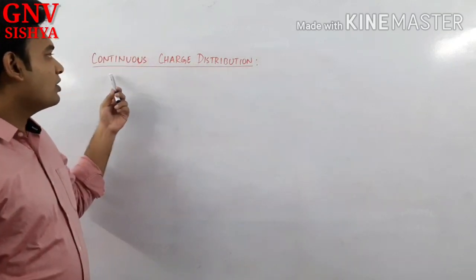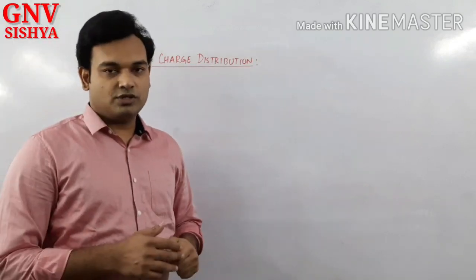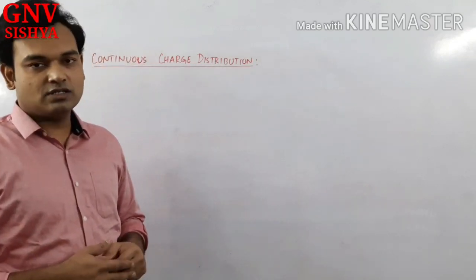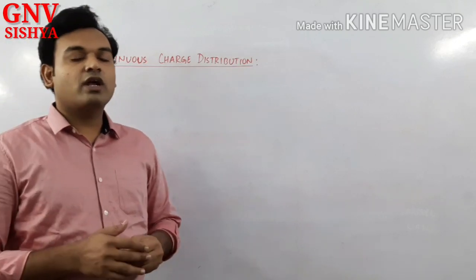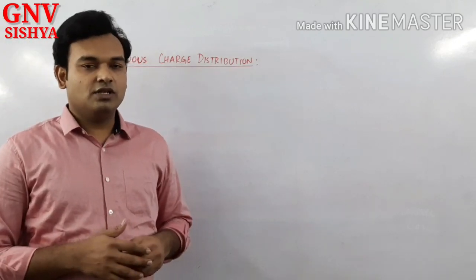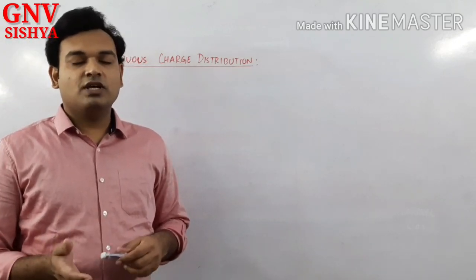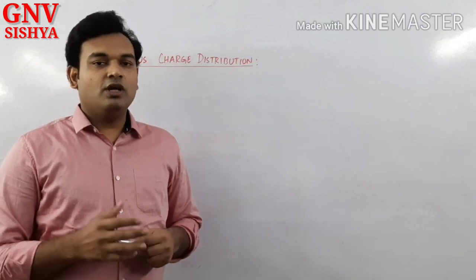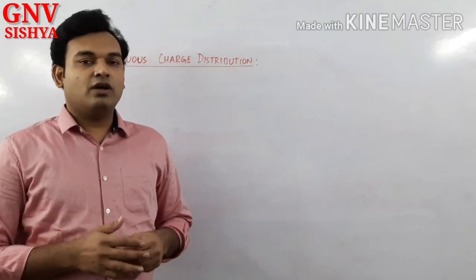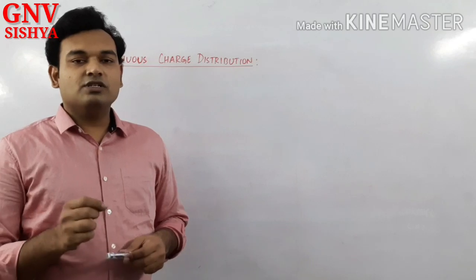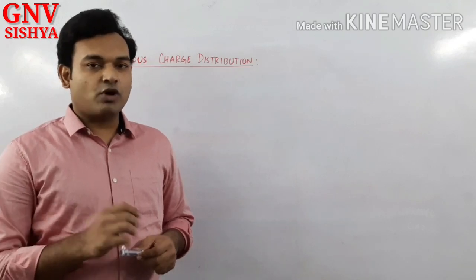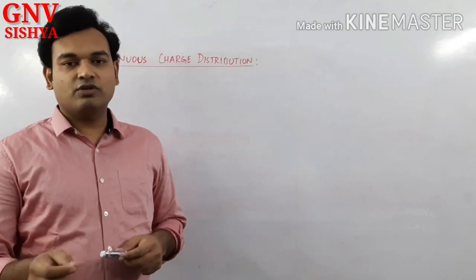So what do we mean by continuous charge distribution, and why should we study it? Till now, in our chapter electric charges and fields, we have discussed point charges and dipoles. Point charges are present at a single point, dipoles at two different points.